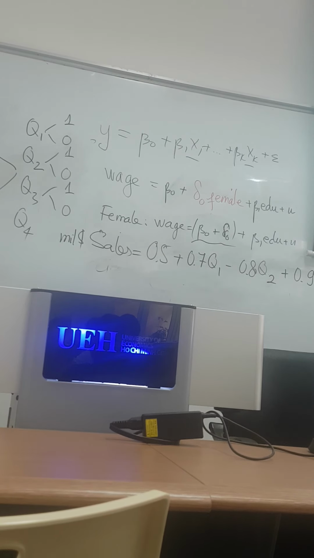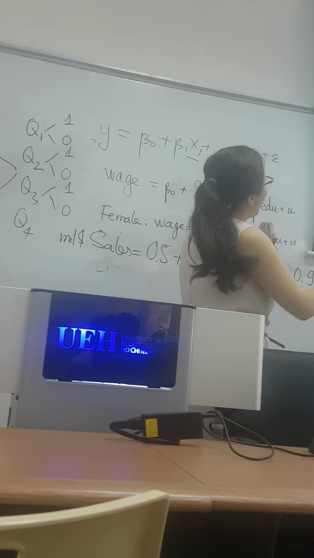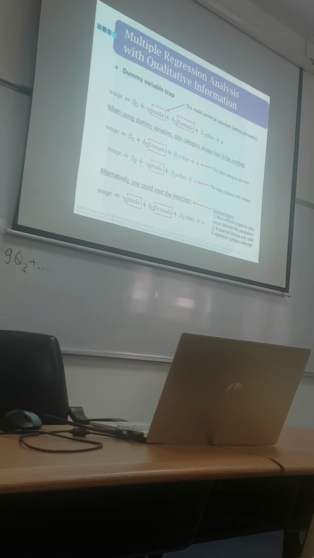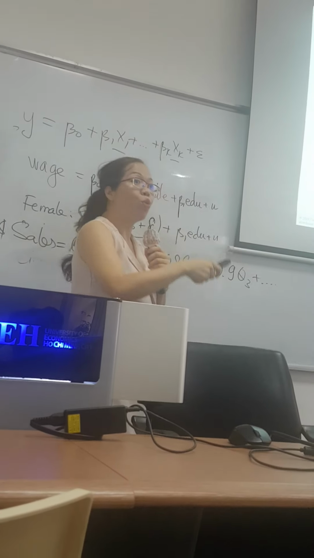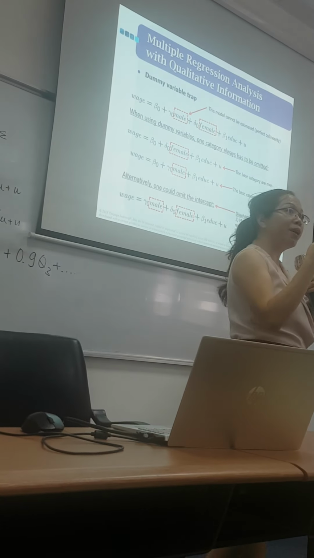Okay, so this is the slope, and then we mark here, right? So again, remember, when we use dummy variables, include only 1. If you got 2 genders, include only 1. If you got 4 quarters, you got only 3 dummy variables.